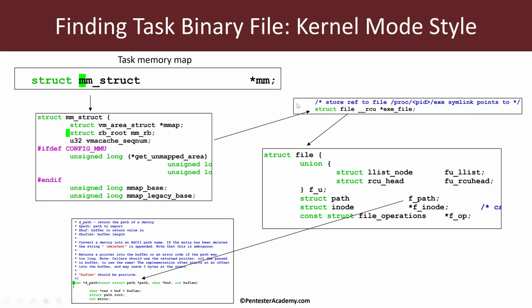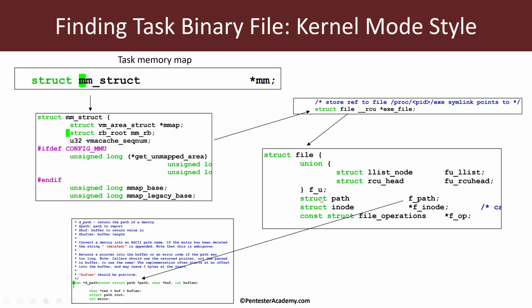Now, assuming for user mode threads we have found out the mm_struct value, inside the structure we figure out the struct file, which basically points to a data structure with information about the exe file. If you look at the file structure closely, you would find inside it another structure called struct path with the name f_path.